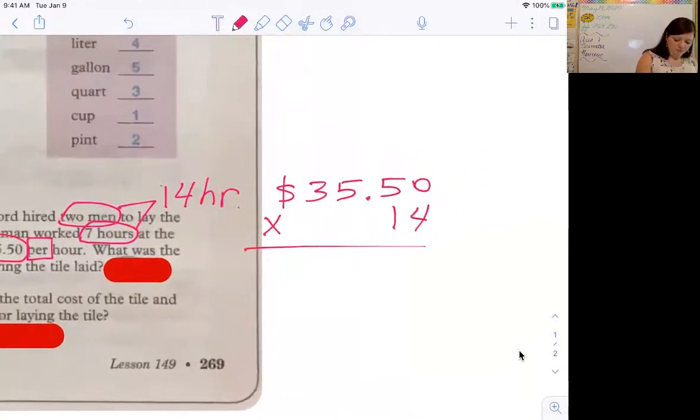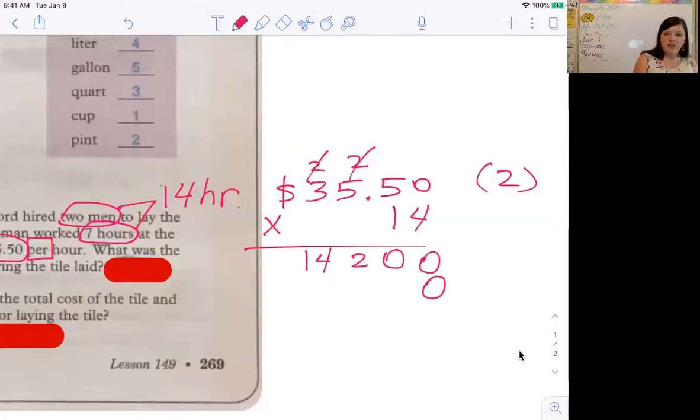Here we go. Anything times 0 is 0. 20, carry the 2. 20 plus 2 is 22. 3 times 4 is 12, plus 2, 14. Cross through what we carried, annex a 0. Anything times 1 equals the other number. 0, 5, 5, 3.